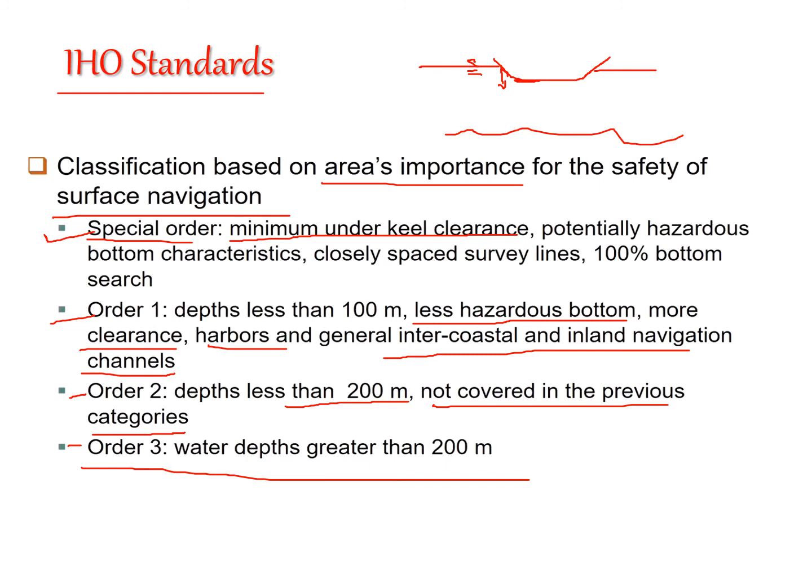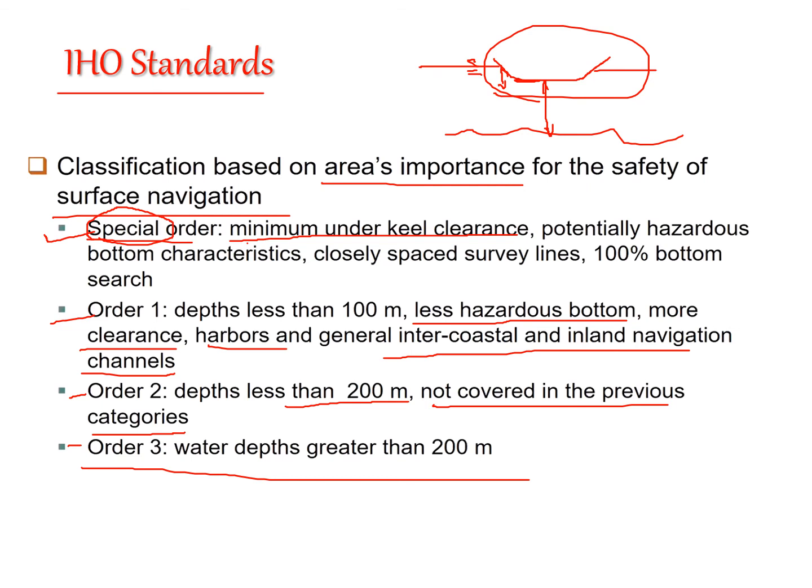Irrespective of the kind of vessel, the minimum clearance or height to be maintained between the bed surface and the bottom portion of the vessel is called the minimum keel clearance. That is why it is called a special order: irrespective of the type of vessel, we maintain this minimum keel clearance.